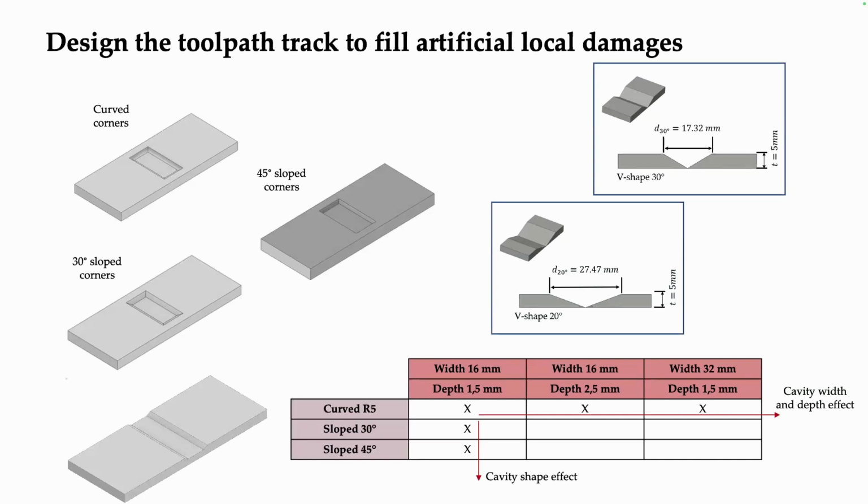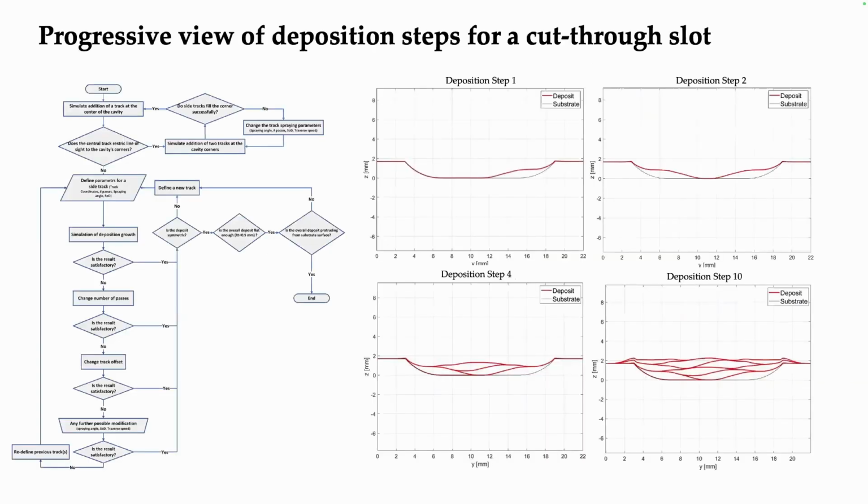So that's also very important to predict the shape, to minimize the overspray, minimize the waste of the material and the post-processing machining in these cases. These are, again, examples of how we plan the scanning strategy to fill specific geometries of defects.